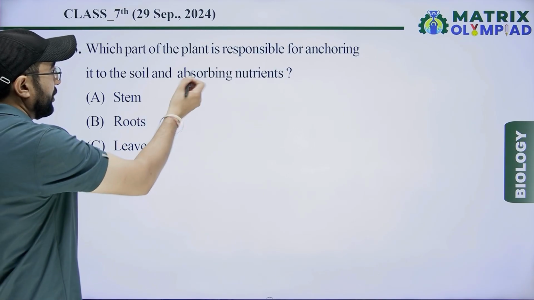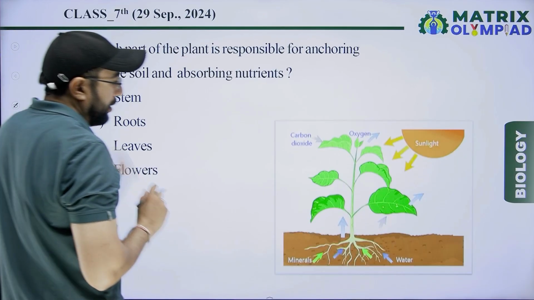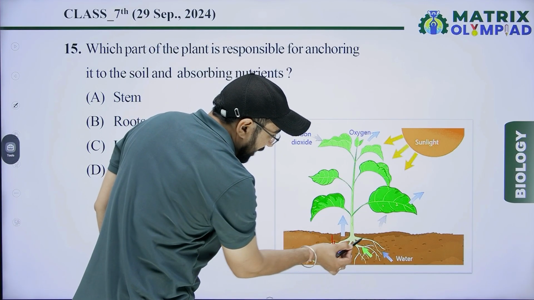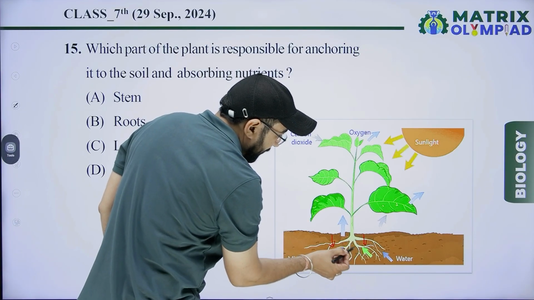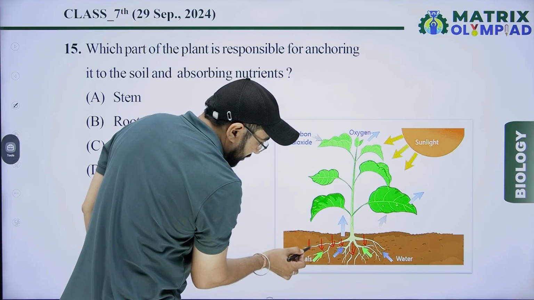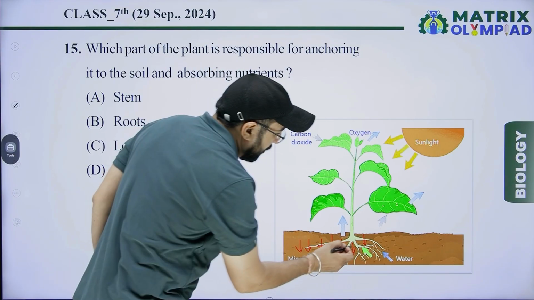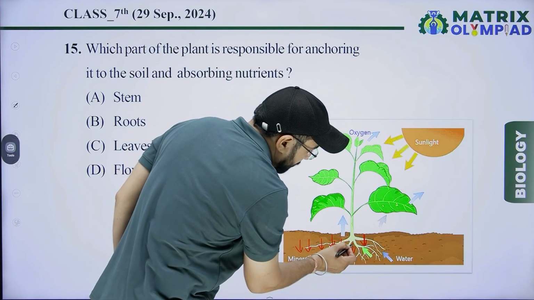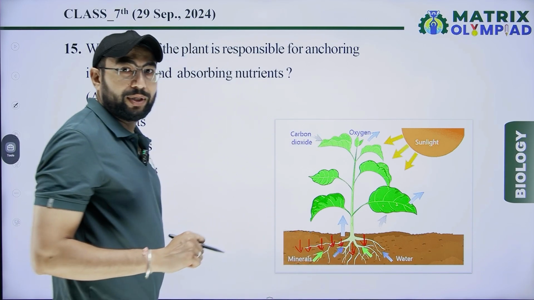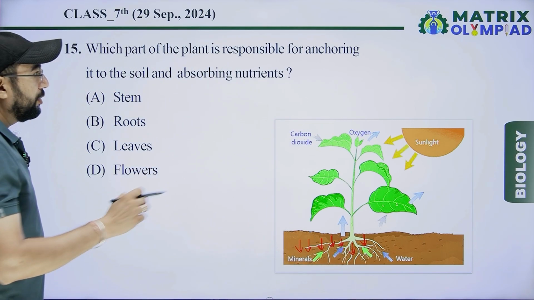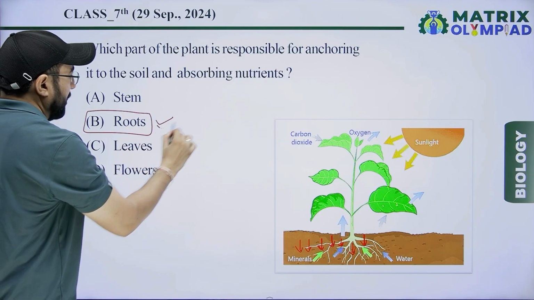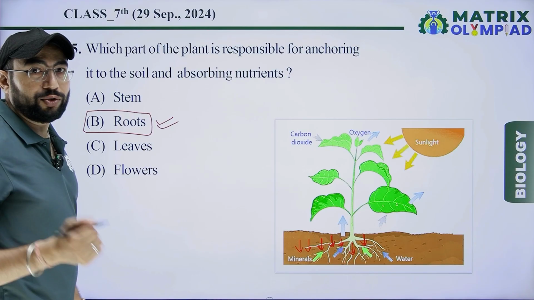Now the right answer for this one is root, because root helps in anchoring with soil and helps in absorbing nutrition. So our right answer according to the question is option B, that is root.